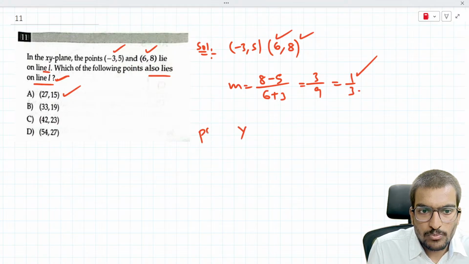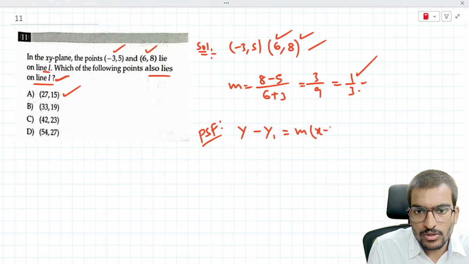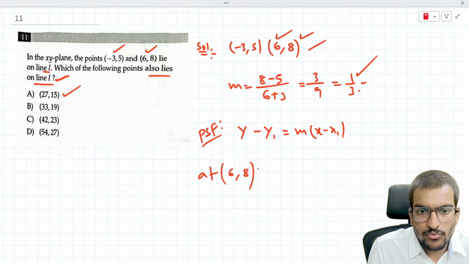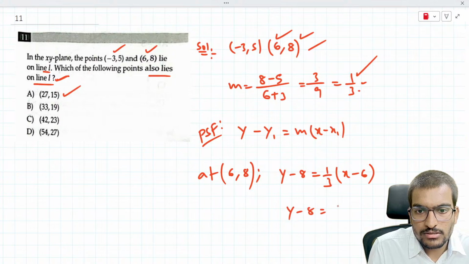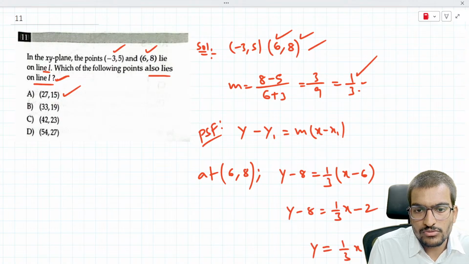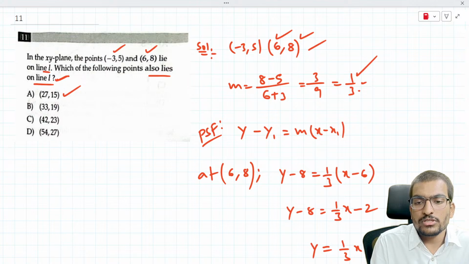I use point slope form because I have a point and I have a slope. y minus y1 equals m into x minus x1. So y minus 8 equals 1 by 3 x minus 3 ones 3, 3 twos, negative 2. y equals 1 by 3 x, negative 2, positive 8, that's going to be positive 6.